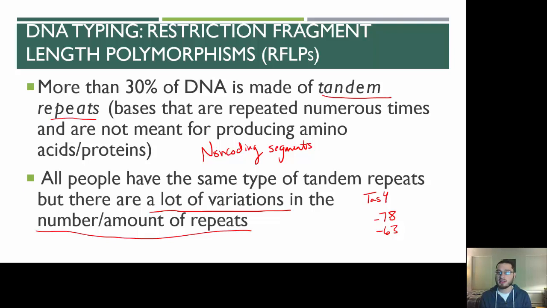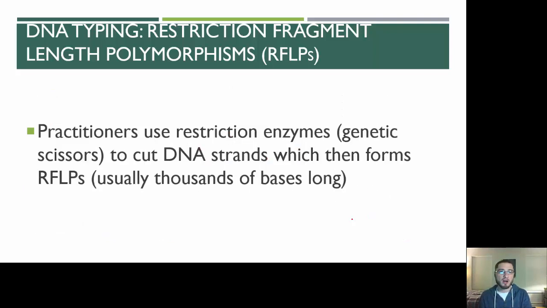You say, this is not the same DNA, because I looked at this sample and the TAS4 repeated 78 times, and when I looked at this other sample, the TAS4 repeated 63 times. So it's the same segment of the DNA, but there's a different amount of nucleic acids, a different amount of letters that we're going to see there.